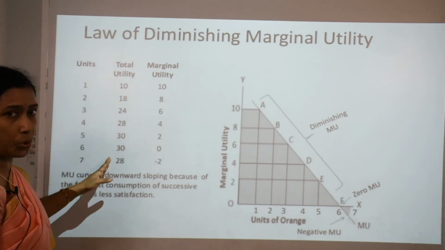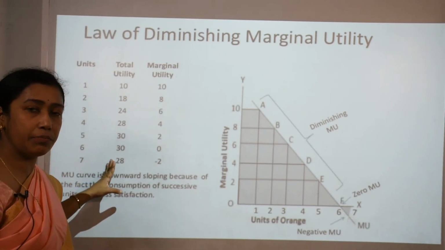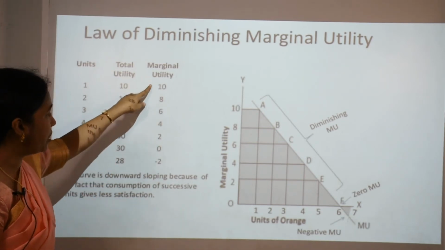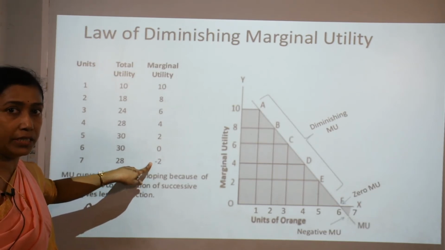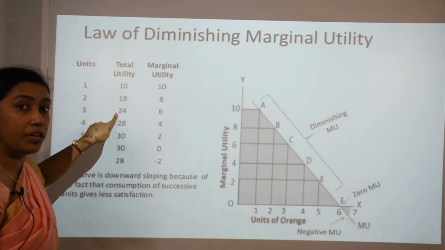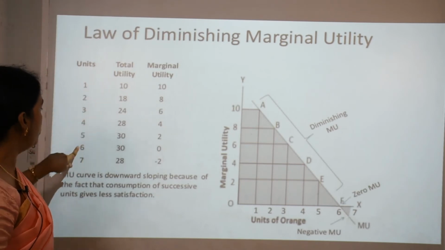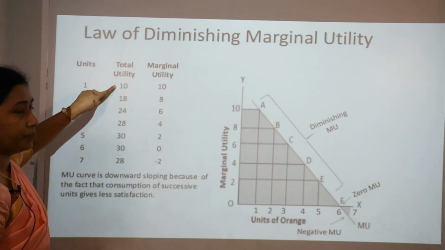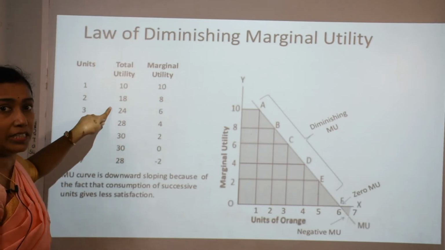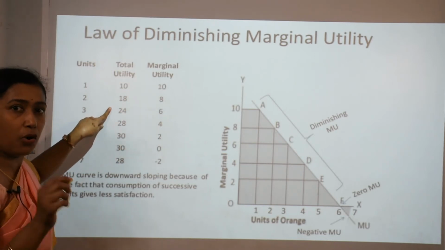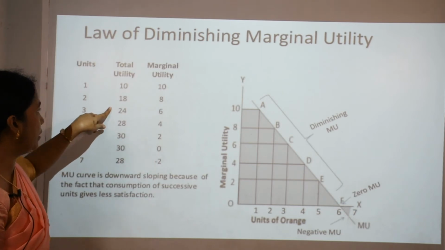Now what we notice in total utility, as we discussed in the previous video also: if marginal utilities keep on declining because of the law of diminishing marginal utility, the total utility will keep on increasing up to the 6th unit. 10, then it becomes 18. We are summing the marginal utility to get the total utility, the formula which I have told you earlier.